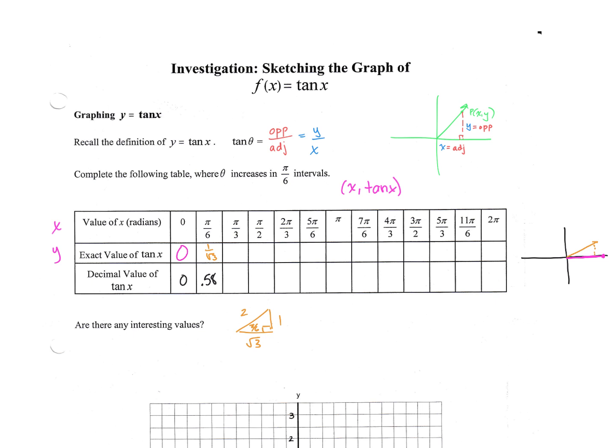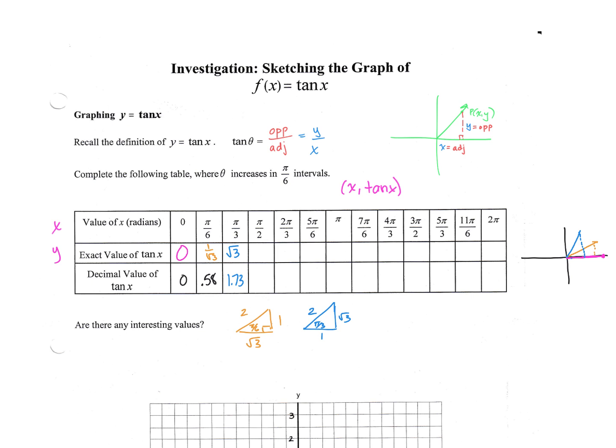And then you're probably going to go to your pi by 3 triangle and say tan of pi by 3 is root 3, which gives me a value of 1.73. I wanted to talk to you about this visual so you can see what's happening. Our opposite side is getting bigger, our adjacent side is getting smaller, which means I'm getting a larger value.